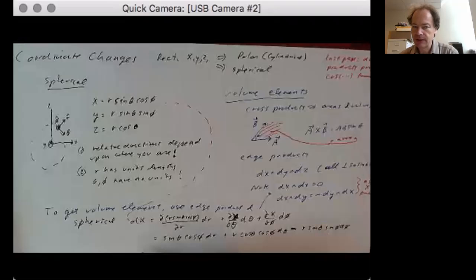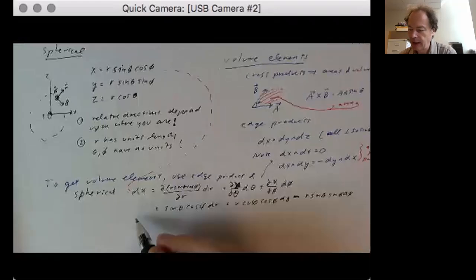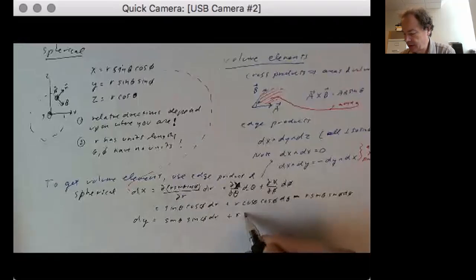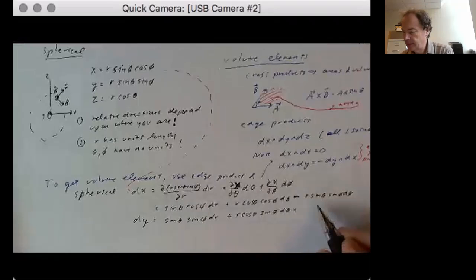Similarly, I can get dy, which is almost the same: sine theta sine phi dr plus r times cosine theta sine phi d theta plus r sine theta cosine phi d phi.